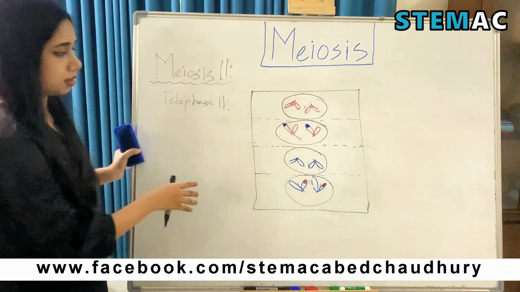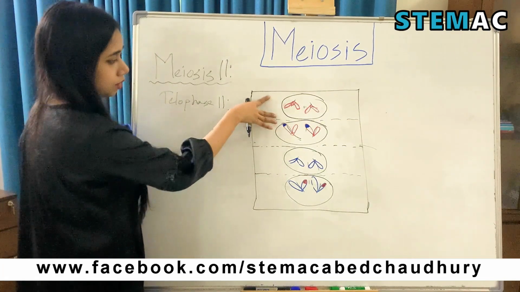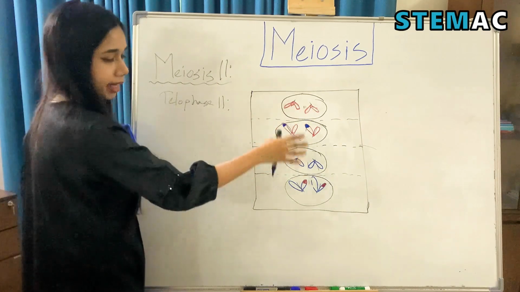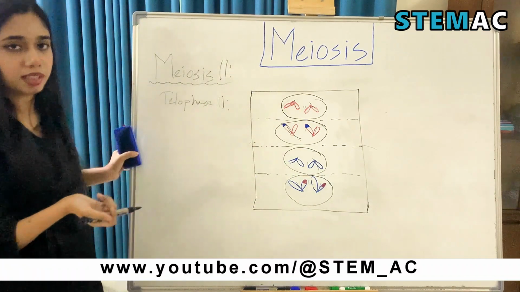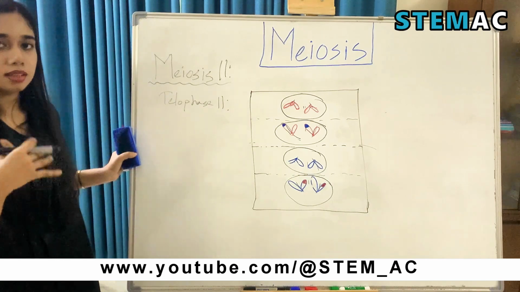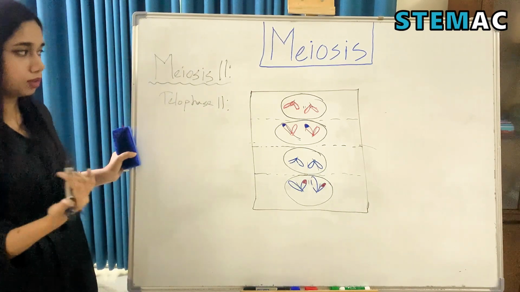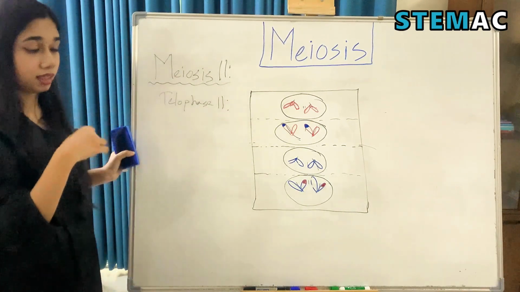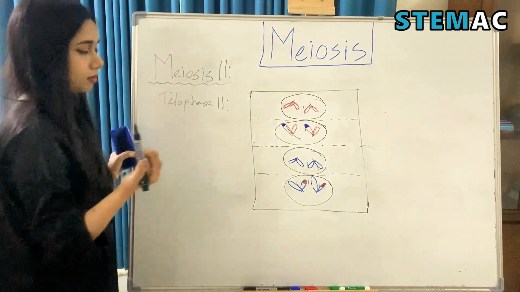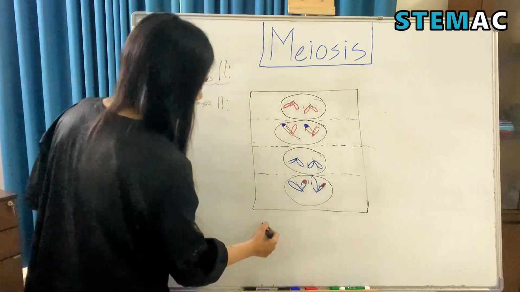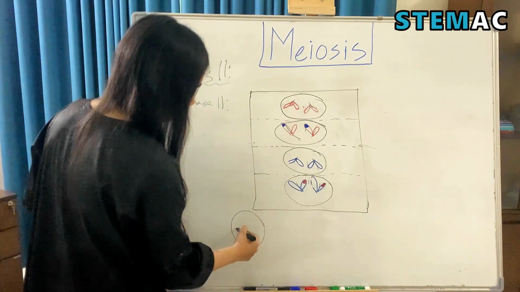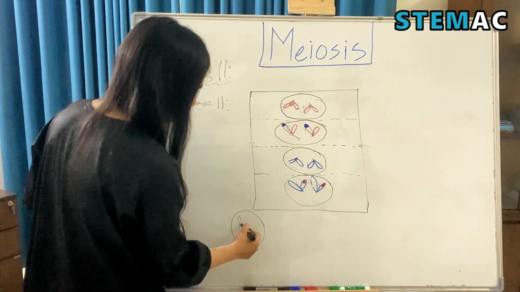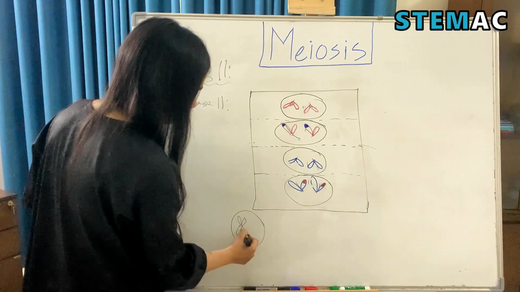Now let's say these 4 haploid cells are gametes, okay? Let's say they are egg cells of a female, and similarly sperm cells from a male will be produced in the exact same process.